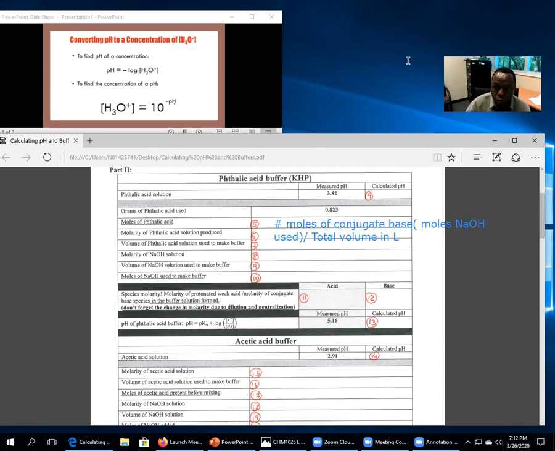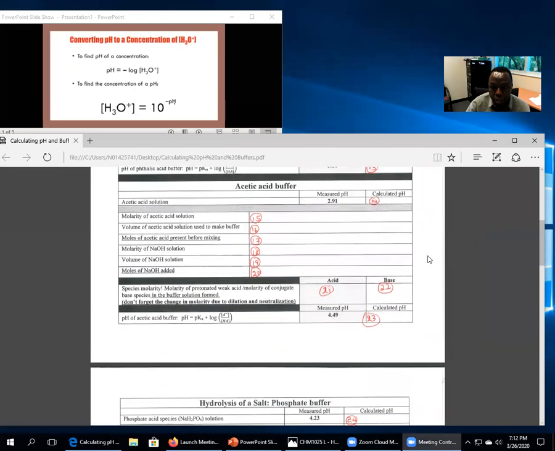Let's move on to 14. For 14, you also need to refer to the data and the procedure in part 3, preparation of the buffer of acetic acid. I'm just going to erase that and scroll this up so that we can see.